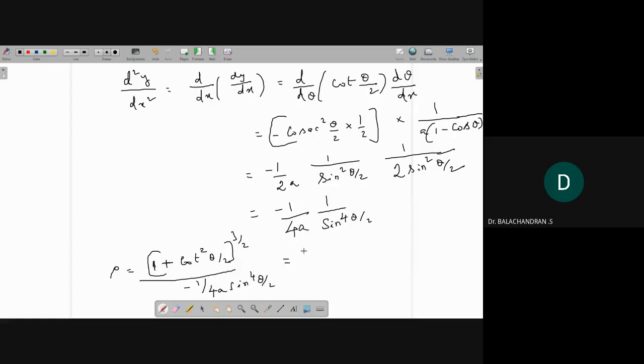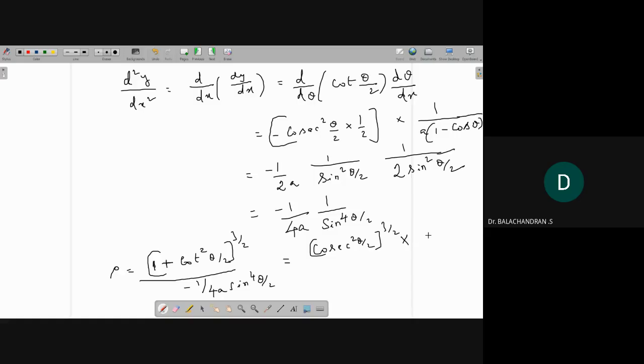Which is equal to 1 plus cot square theta by 2, which is cosecant square theta by 2, whole power 3 by 2. So rho is always positive. So this is 1 by 4a into sine power 4 theta by 2.